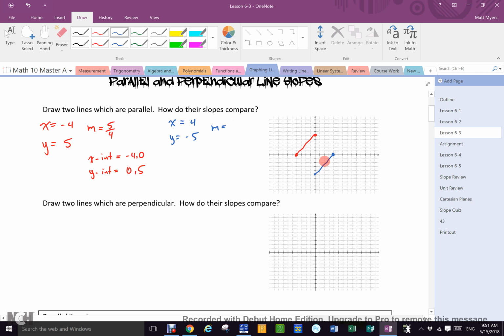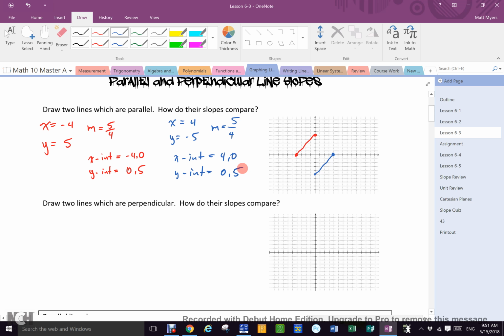What's that guy's slope? Five over 4. And its x-intercept is 4, 0. And its y-intercept is 0, 5. Agreed?